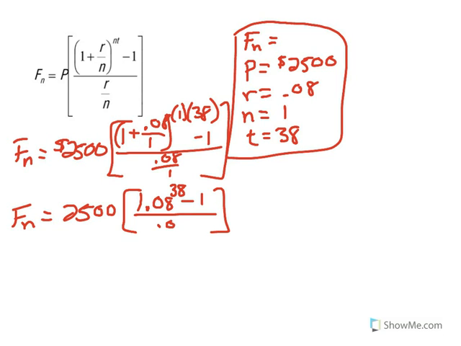We can do a little more simplifying here, not much. 2,500 times the fraction. This 0.08, we can divide it into this numerator or we can divide it into 2,500. If we divide it into 2,500, it's going to make this problem a little bit nicer to look at. 2,500 divided by 0.08 is 31,250.